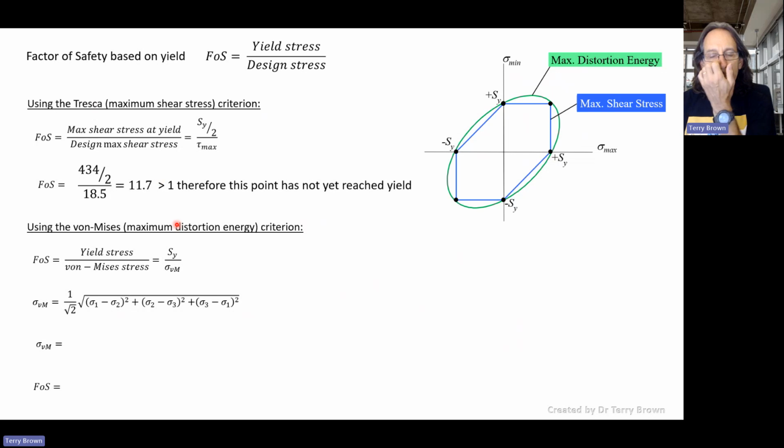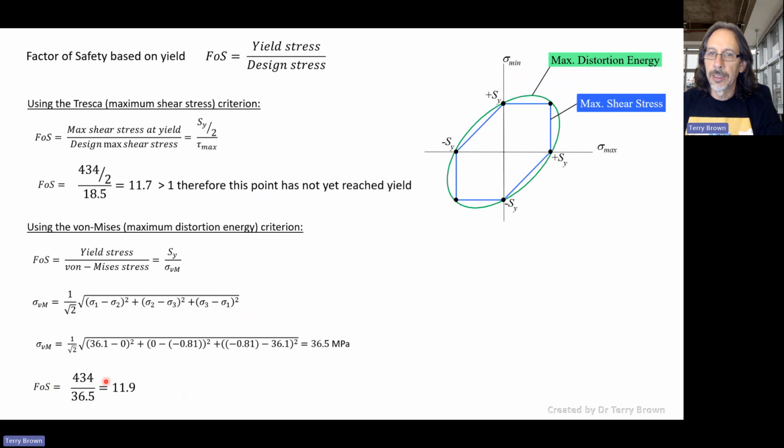Going back a step, my factor of safety is greater than 1, so according to this criterion, we've not yet reached the yield point. If we put in our principal values that we calculated on the previous page, the von Mises stress is 36.5, and our factor of safety is 11.9, similar to what we had for the Tresca, a little bit different, but still much greater than 1. So this also predicts that this point has not yet reached the yield point.